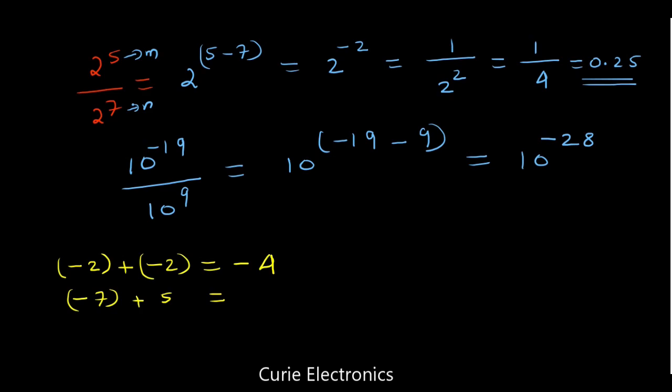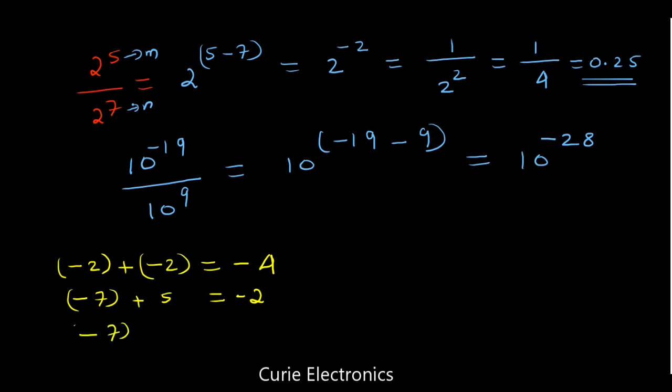That is, a difference between 7 and 5 means you have to subtract the smaller number from the higher number. That is 7 minus 5 equal to 2. And you have to put the sign of the higher number, the bigger number. That is minus. So we will get 2 and the sign minus, that is minus 2.